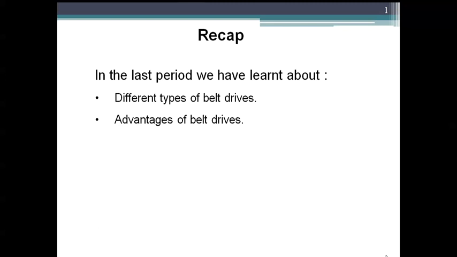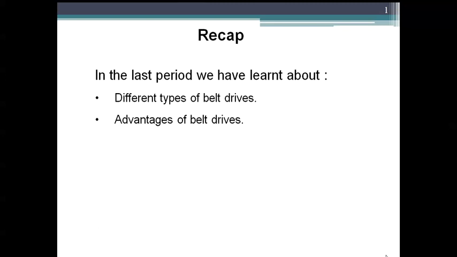Next is the advantages of belt drives. The main advantage of belt drive is that it can transmit power from one shaft to another shaft which is at a longer distance. When the two shafts are at a longer distance, most of the time power is transmitted by belt drives only.